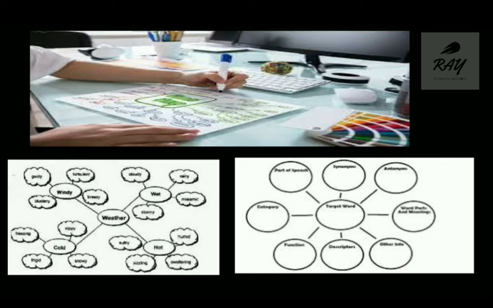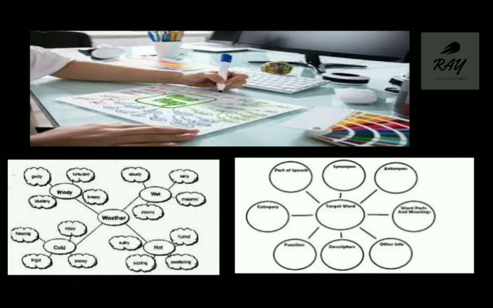So I'm going to focus on writing techniques. The first technique that we're going to discuss is word mapping. Word mapping is similar to mind mapping. Here, the parent or the teacher says one word to the child.